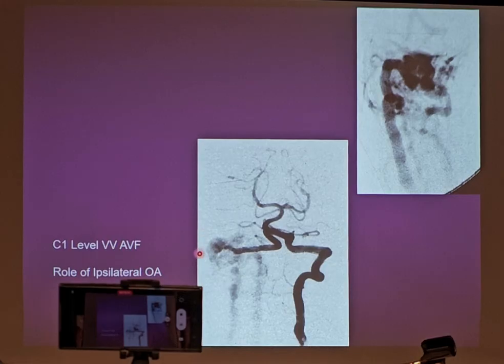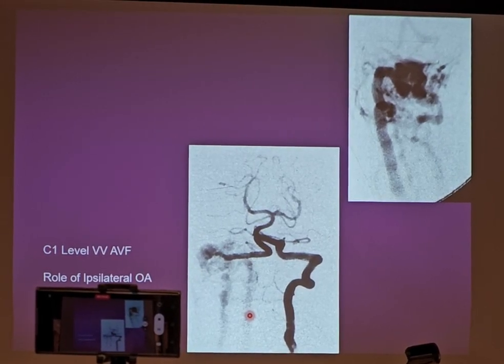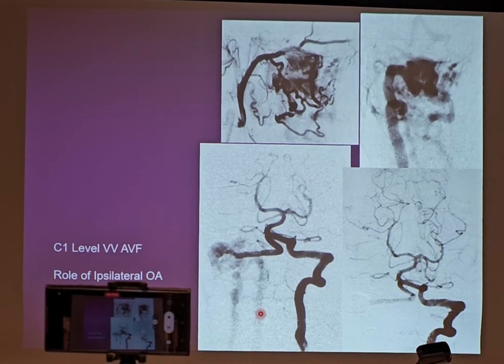So for sure you know that the artery of the region that you need to inject is the pharyngeal occipital system. So in the occipital system, you know that there are C1 and C2 visualizations to fill up the fistula.